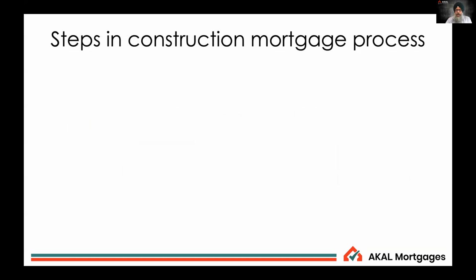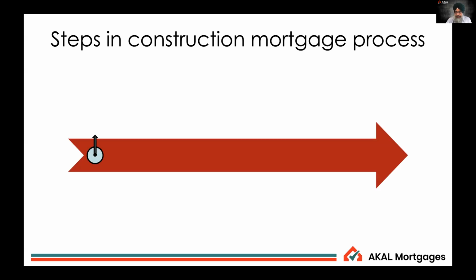Right after that, what are the different steps? I should rather say, typically these are the steps in a construction mortgage, but it could vary depending upon how ready you are and depending upon the lender as well. First thing that you need to do is meet with your clients, understand their needs, and give them information about construction financing.